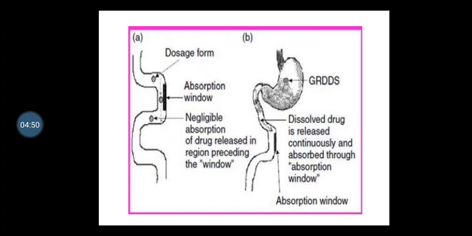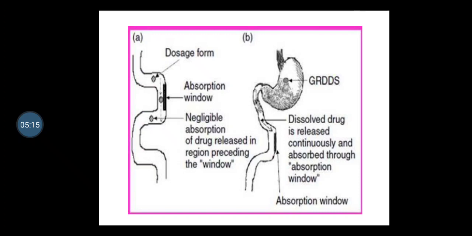Okay, so the pH environment in the different parts: the stomach has a pH around 1.5 to 3.5, which is obviously acidic. Duodenum is around neutral, I think 5 to 7, and jejunum 6 to 7.